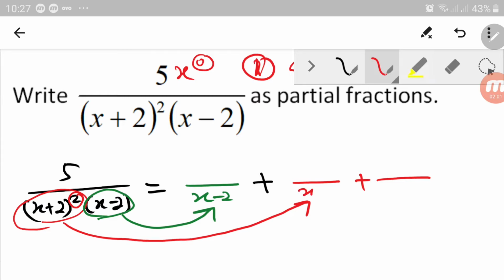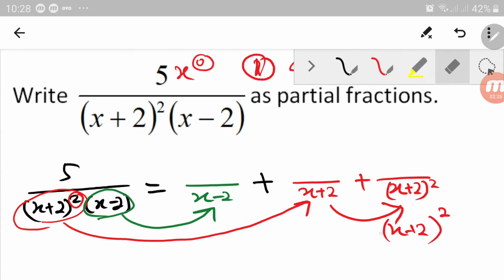Then repeat the factor according to the power, 1 by 1. What I mean by that is we copy x plus 2 first over here, and then the following one, we copy x plus 2 also with the increasing power. So that is why the name is repeated.